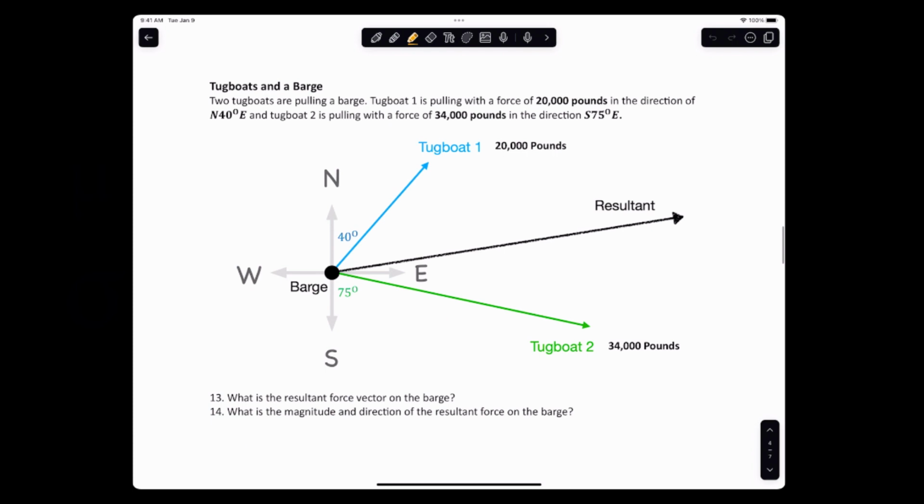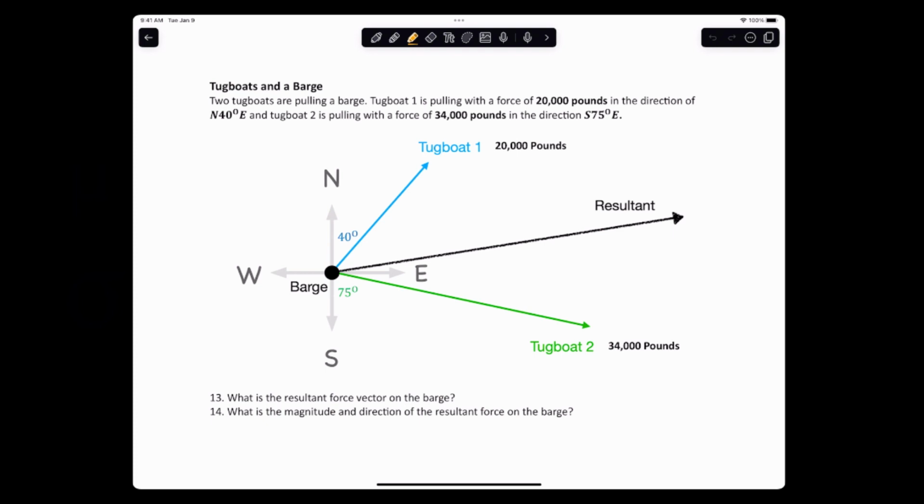I want to share with you guys another very, very similar question. These questions we're going to go through are very similar. These questions, ladies and gentlemen, are really about finding the vectors here. Because remember, a vector is an object that describes magnitude and direction. So in this question, you got tugboats pulling a barge.